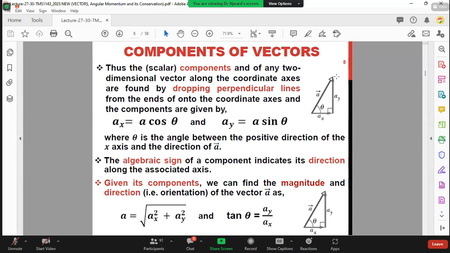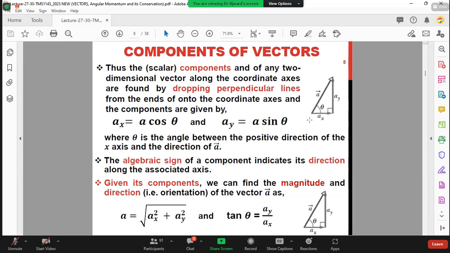The vector A can be broken, resolved or decomposed into two components, AX and AY. The x component can be written as AX equals A cosine theta.